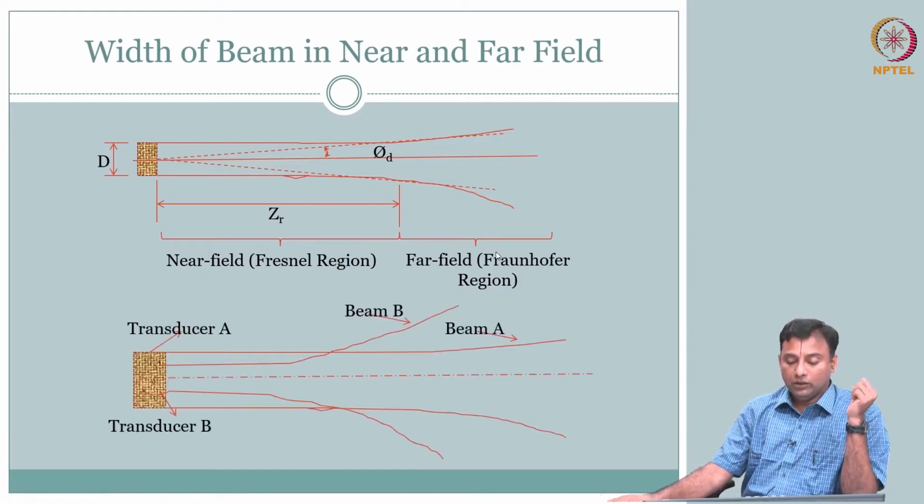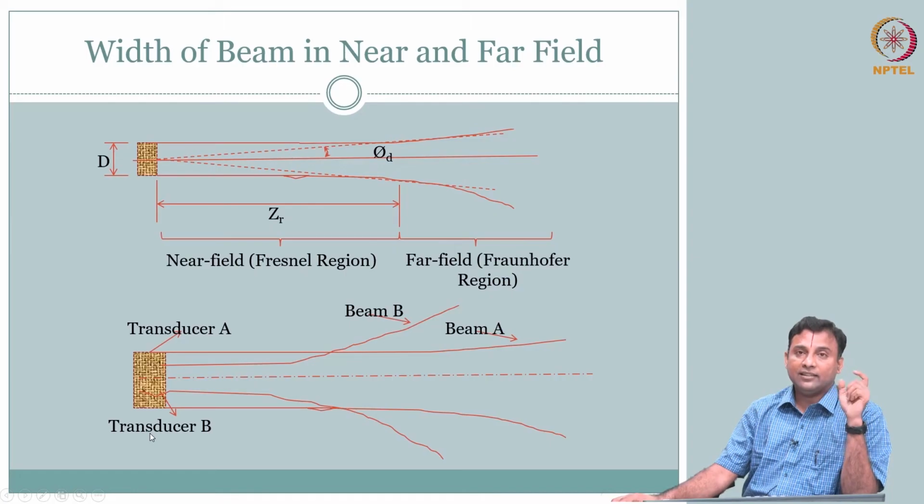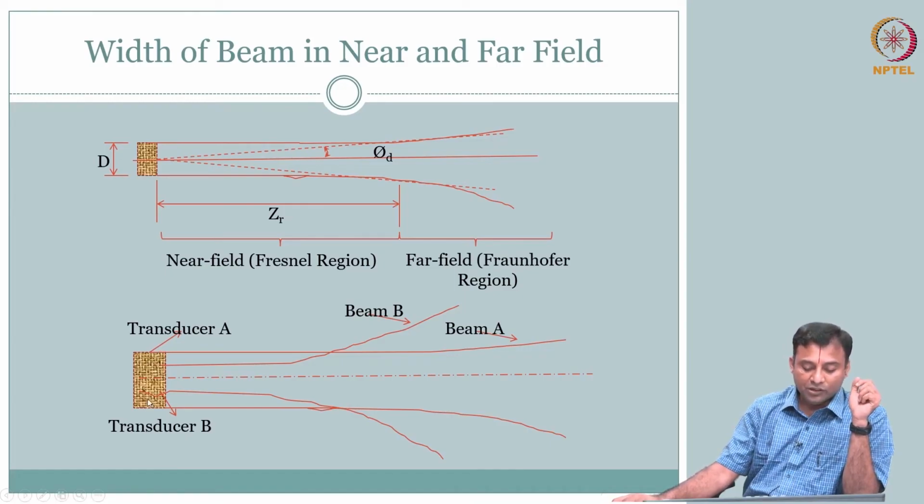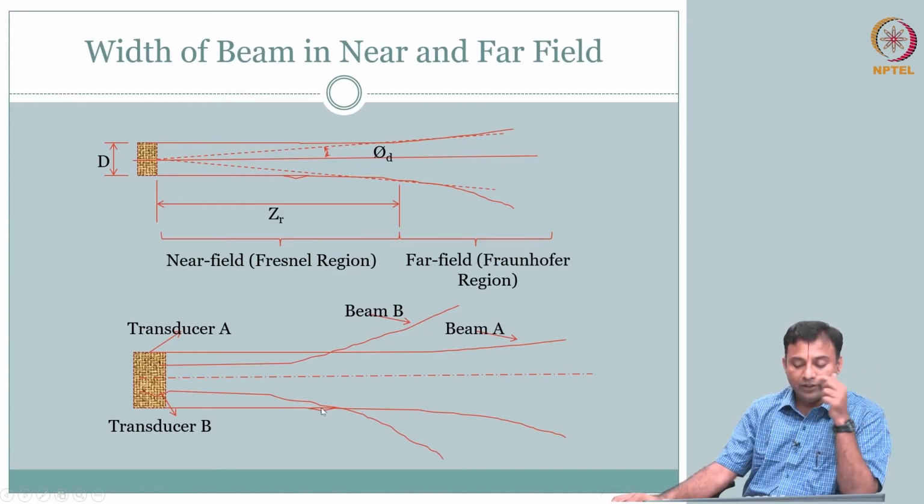Now, if you have another transducer with a larger size, because that is what we covered, the inverse relation: if I have transducer A and transducer B, and transducer A is much larger, the divergence is less, right, that is what we saw so far. With a smaller transducer diameter, it starts to diverge, so divergence is more.